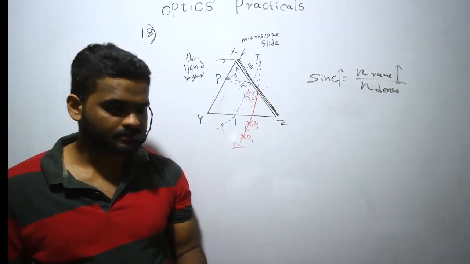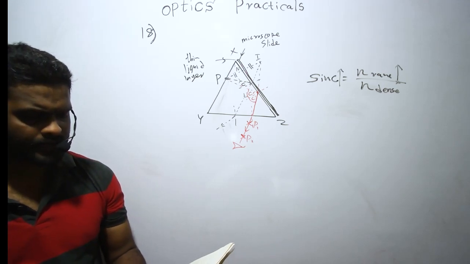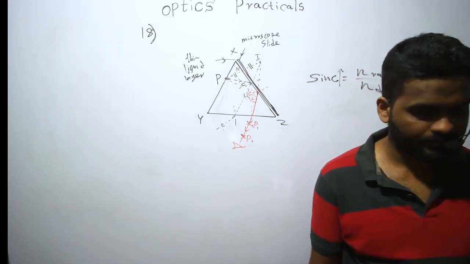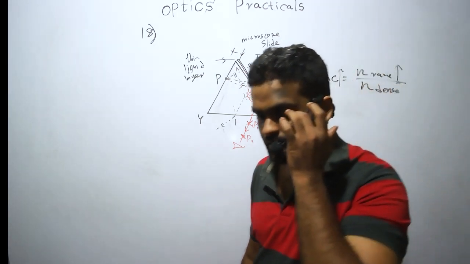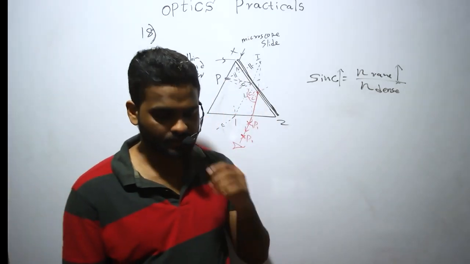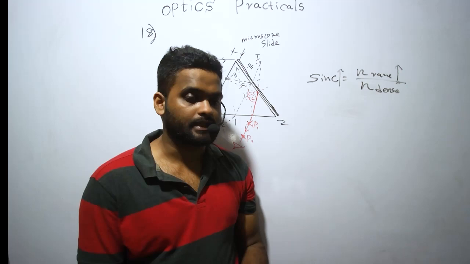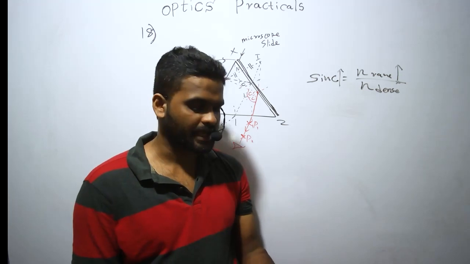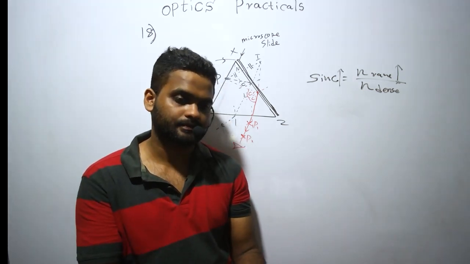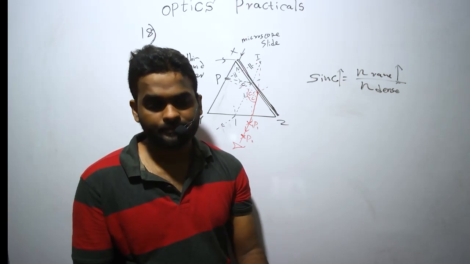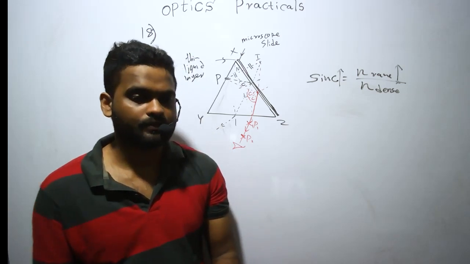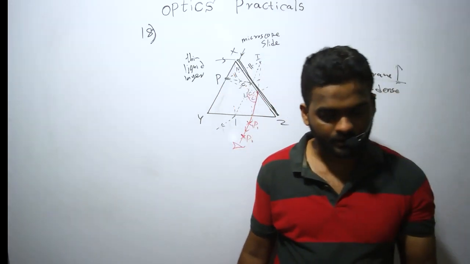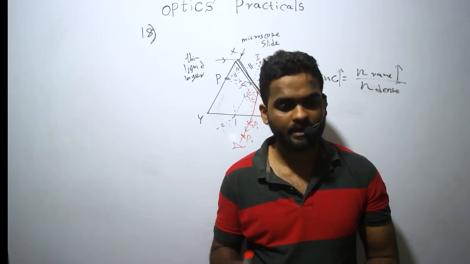Write down, since in both cases total internal reflection occurs at XZ, the position of capital I does not change.